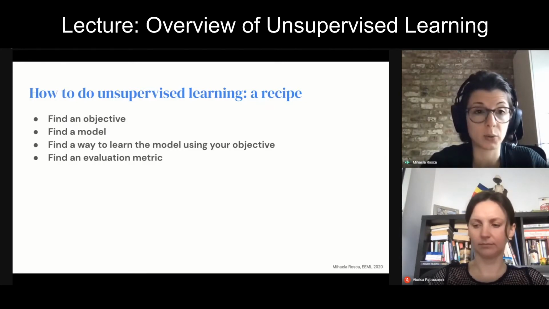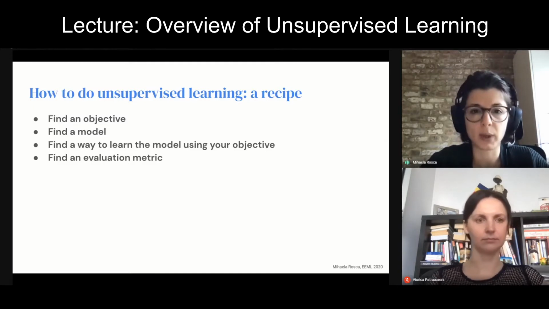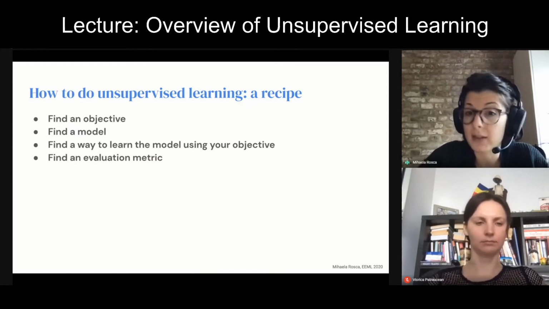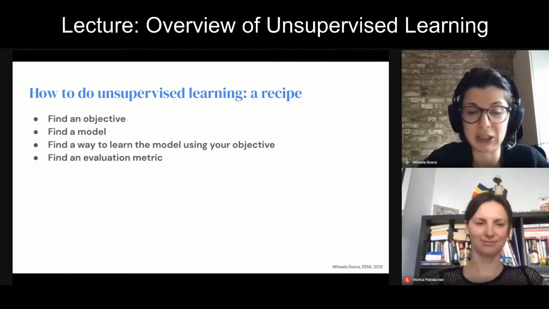Then find a way to represent this model. Then find a way to learn the model using the objective that you've chosen. And that's not always easy, and we're going to see some examples of that. And then you have to figure out how well you're doing. And especially in unsupervised learning, that can be pretty hard. So you have choices, and these choices aren't always easy.